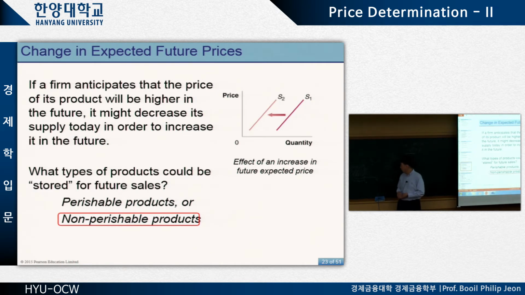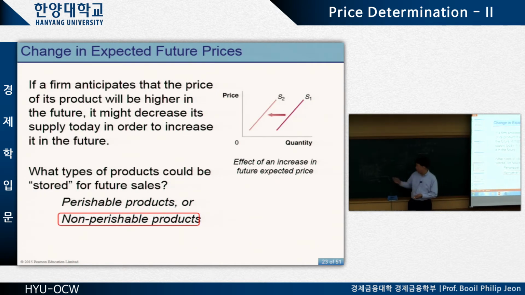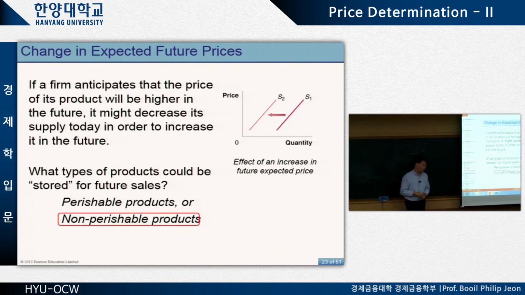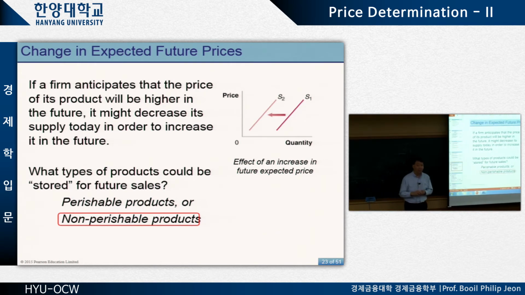So what does the government have to do? Well, when the supply increases this much, government will try to purchase some of the agricultural product, right? And so that the price is not going to drop this much. In other words, whatever the surplus they have, they're going to purchase, right? And store it, right?